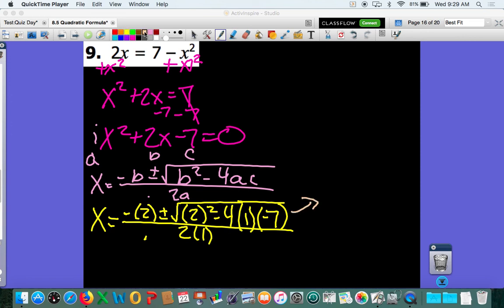Simplify my discriminant first. When I simplify that discriminant, I get a discriminant of 32. We know that's positive, so that means I'm going to have 2 real roots. Keep simplifying. So x equals negative 2 plus or minus the square root of 32 over 2.